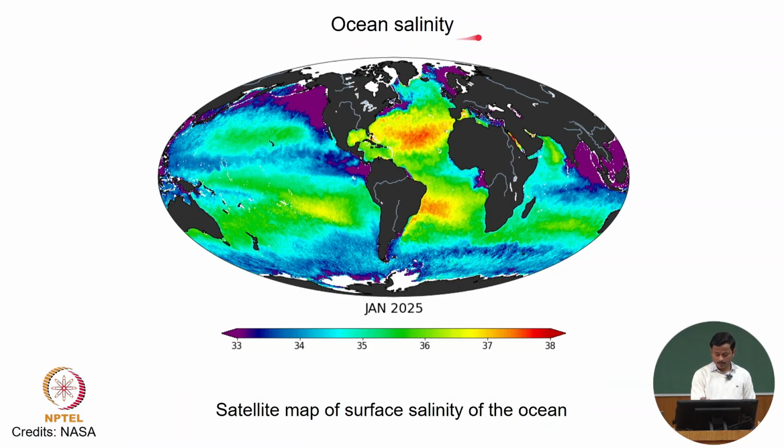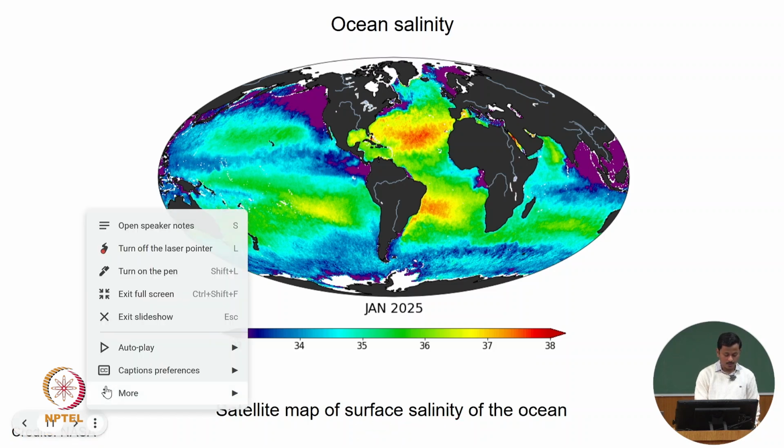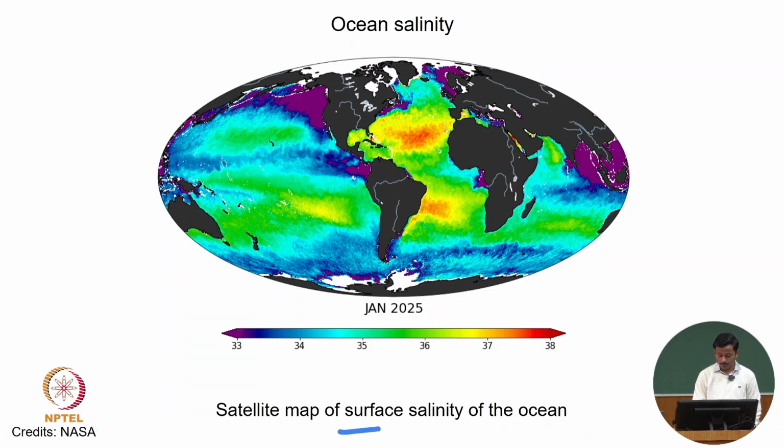Now there is one more interesting parameter, which is ocean salinity. This is again a satellite map of surface salinity, that is, salinity at the surface of the ocean, and this is showing various regions, on a scale from 33 to 38, whereas there are various regions, for example in the higher latitudes and near India in the Bay of Bengal, that go to very small salinity values.